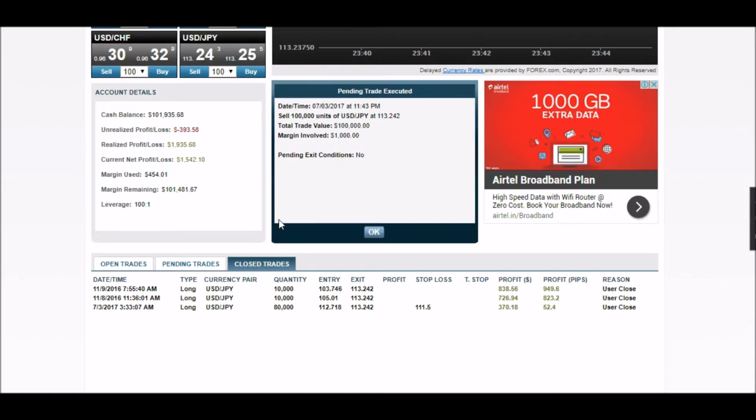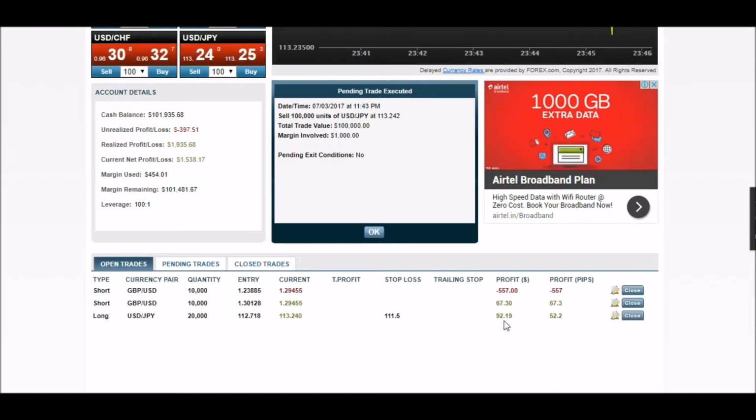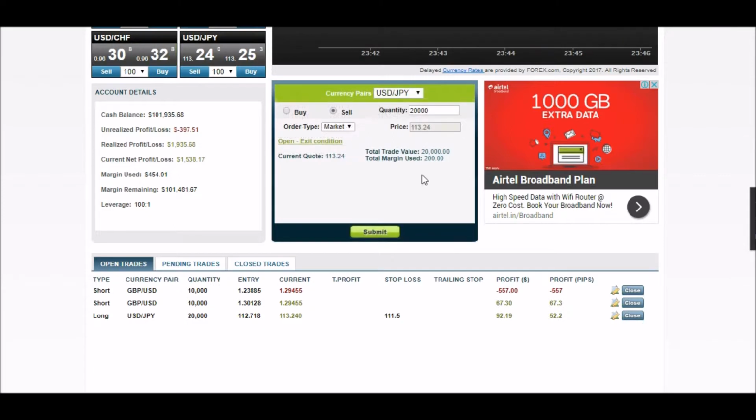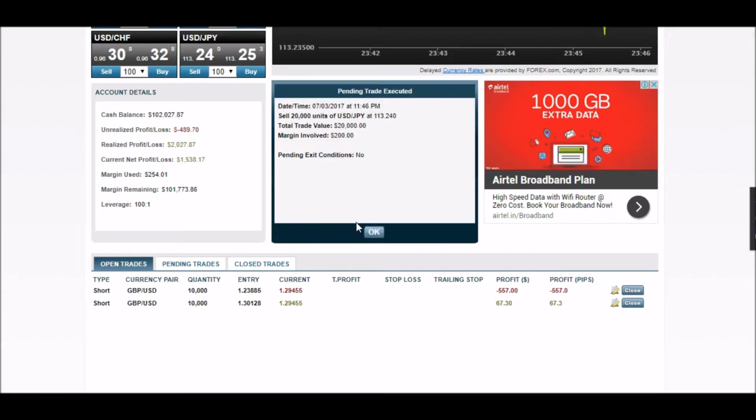We wanted to keep the other two open and demonstrate some trailing stops. Nevertheless, we'll close out all the positions and initiate more positions at lower levels. So let's close this out also. We submit this. We are left with the sterling positions. We need to somehow reduce our losses here.